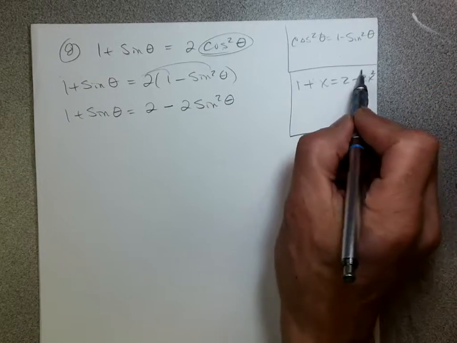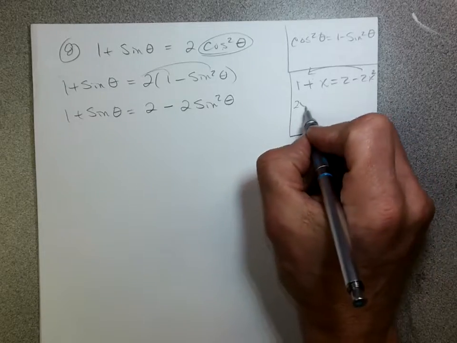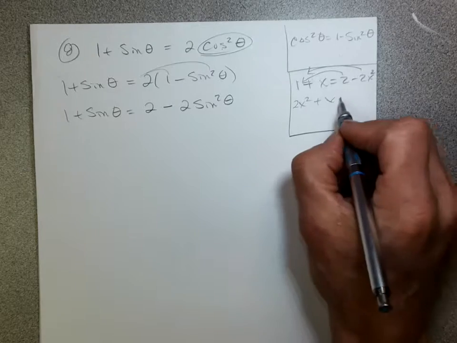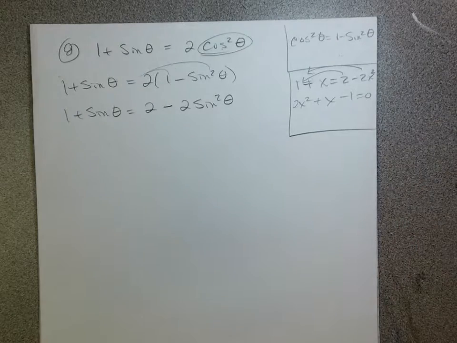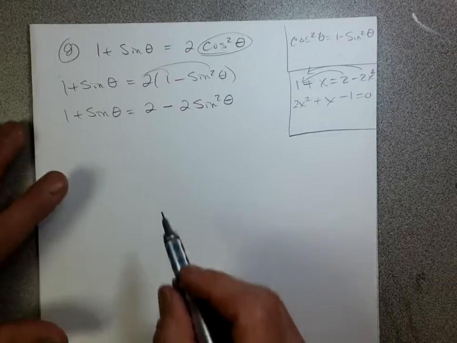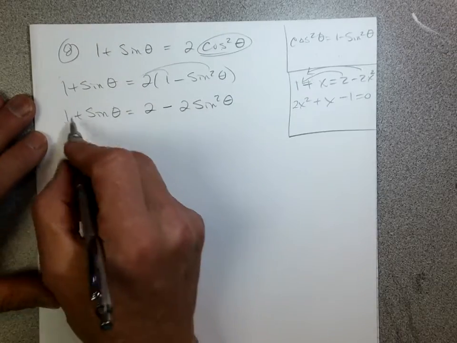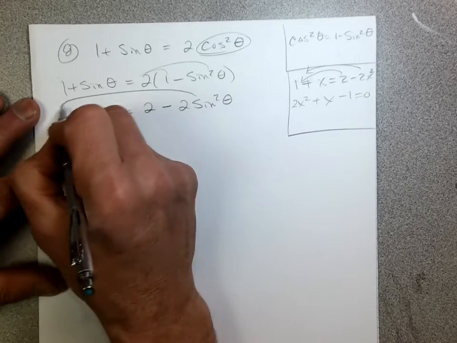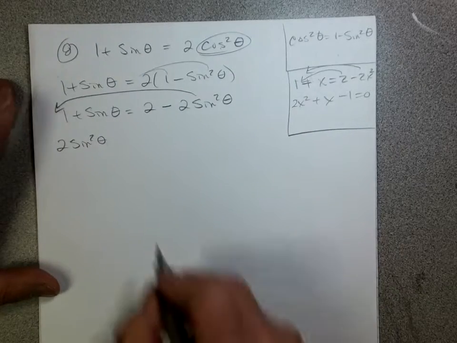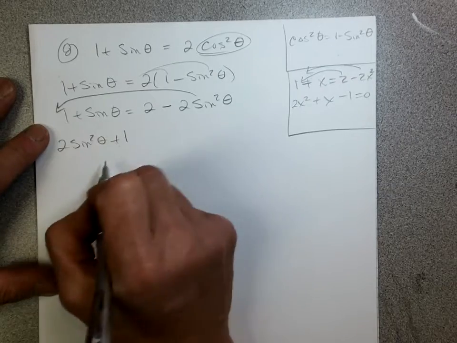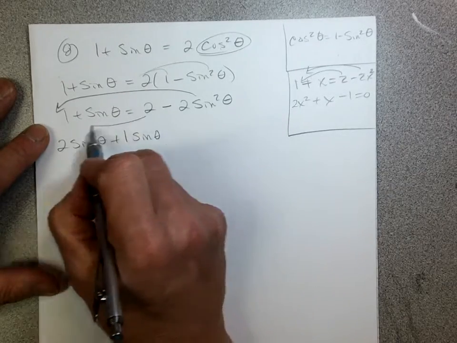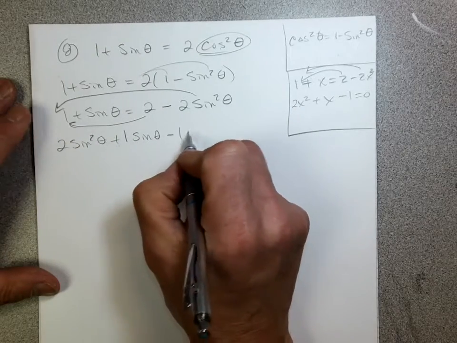So I'd want to bring the 2x squared over plus my x, and bring my 2 over and have a negative 1. So let's do the same thing with sine instead of x's. I bring over 2 sine squared theta, plus 1 sine theta, and if I subtract the 2, I get negative 1 equals 0.